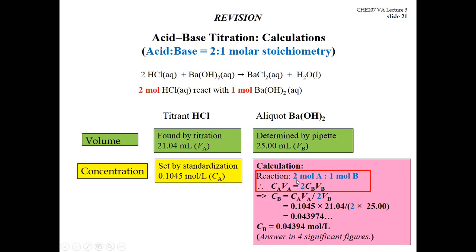Now we're looking at 2 moles of A and 1 mole of B. So the correct equation is CAVA equal to 2 CBVB. If you use the equation, it is very important for you to see the variation in the equation. If you are not very strong with this, I strongly recommend you to use the proportional calculation technique.